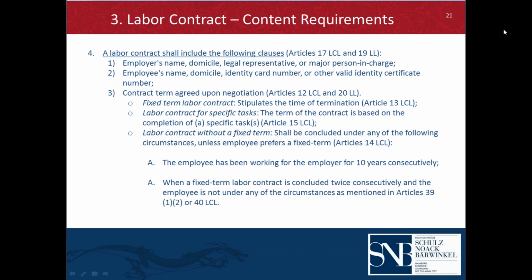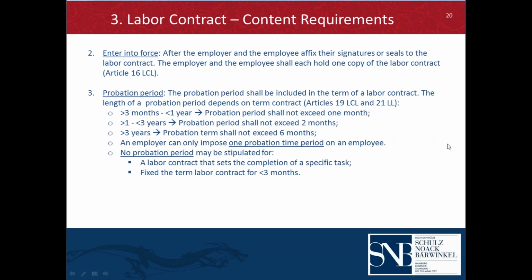And it is, in general, feasible to have a probation period included in the contract. The length of this probation period depends on the term of the contract. For example, if you have a very short contract between 3 months and 1 year, then the probation period shall not exceed 1 month.